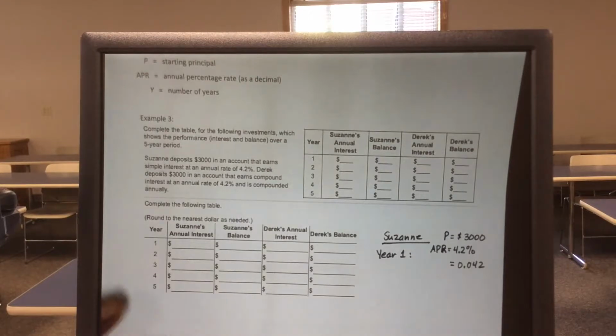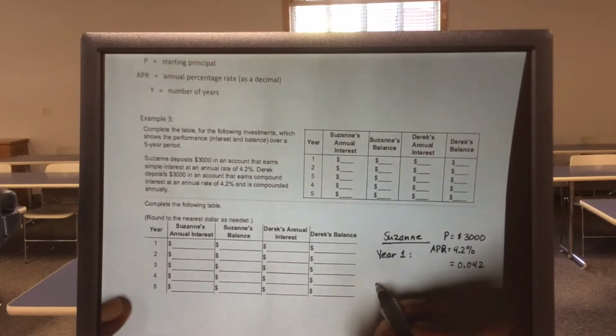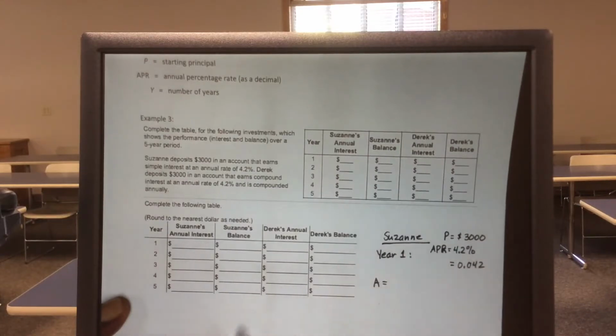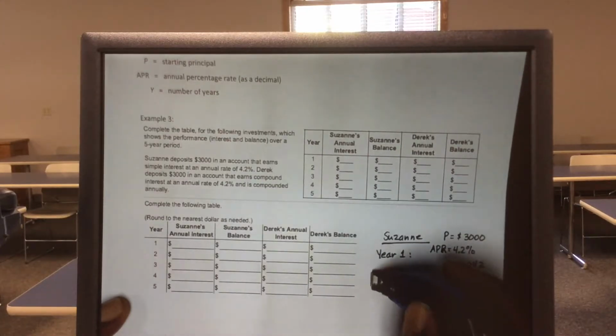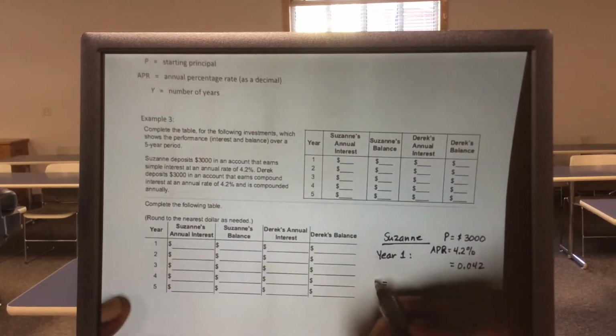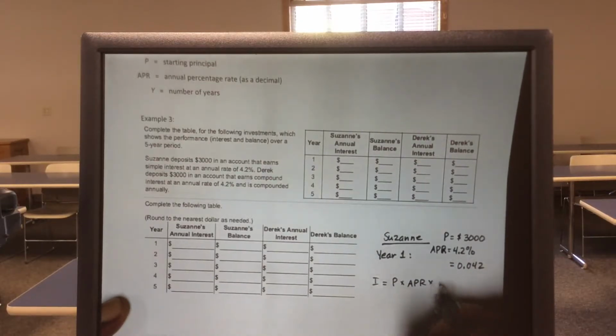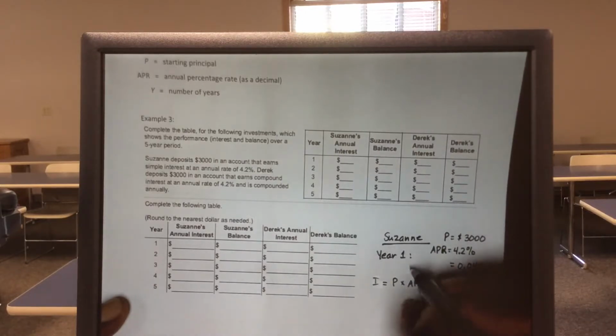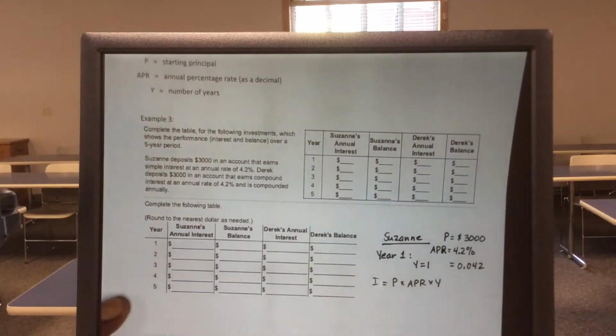So for the first year, we have to use this formula. Actually, we're going to find the interest first, which is going to be P times your APR times Y. For year 1, that means Y is going to be equal to 1.